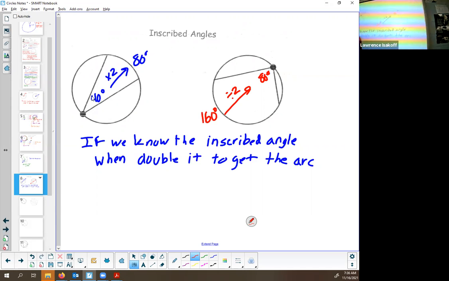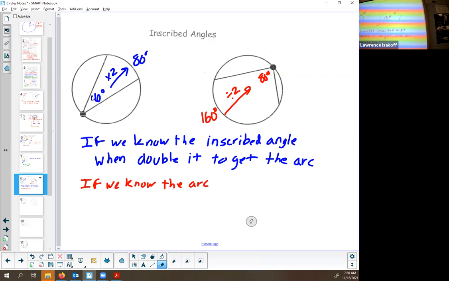So if we know the arc, I wrote "when double." I should say we double. Whoop, too big on the eraser.